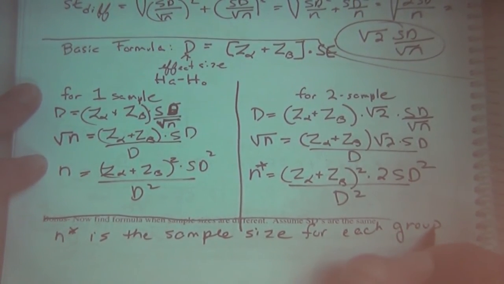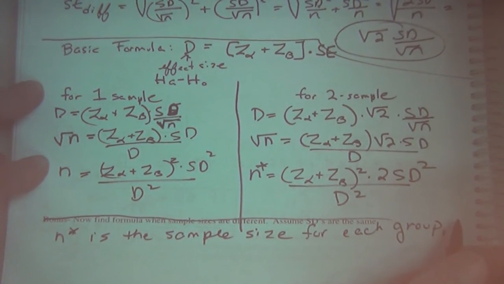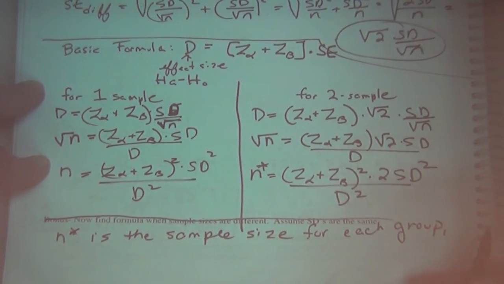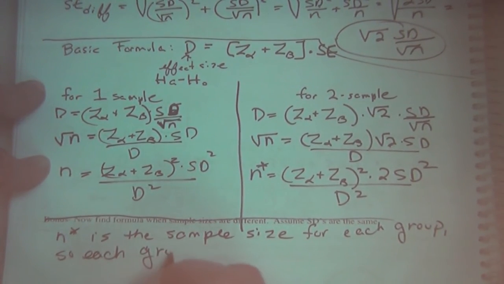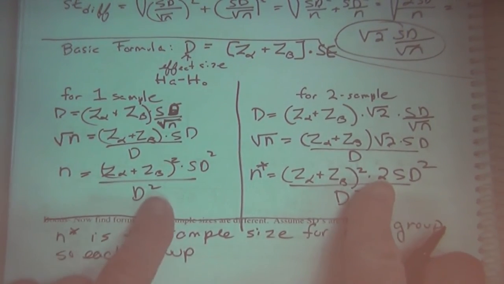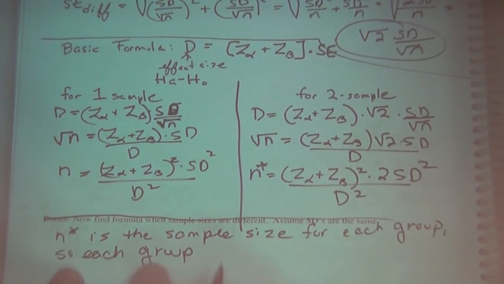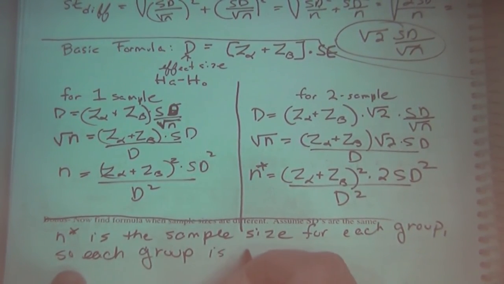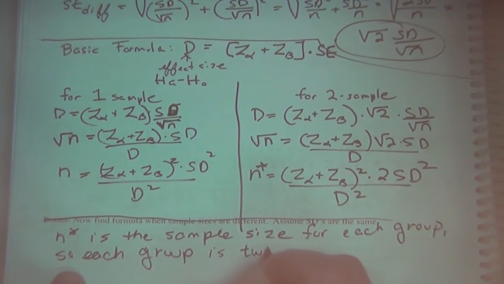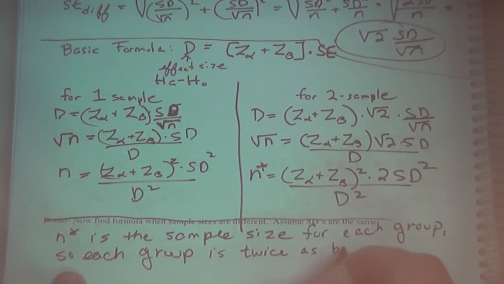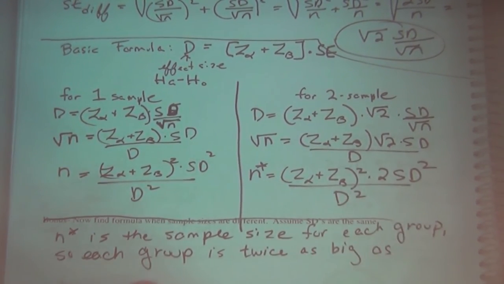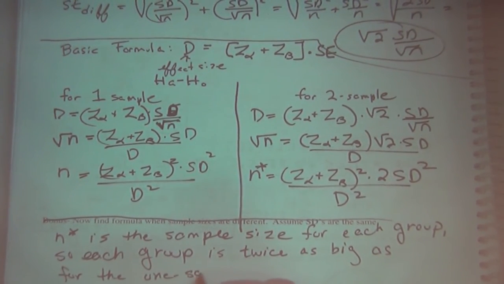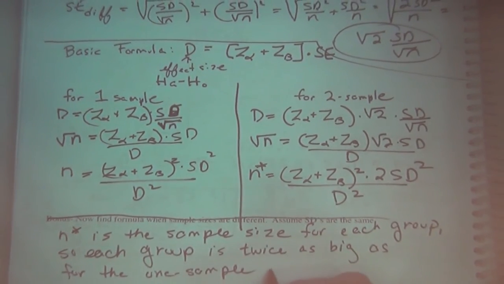And you have two groups. So each group is twice as big as for the one sample formula.